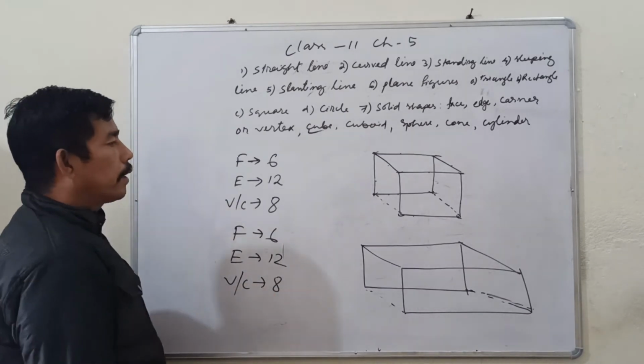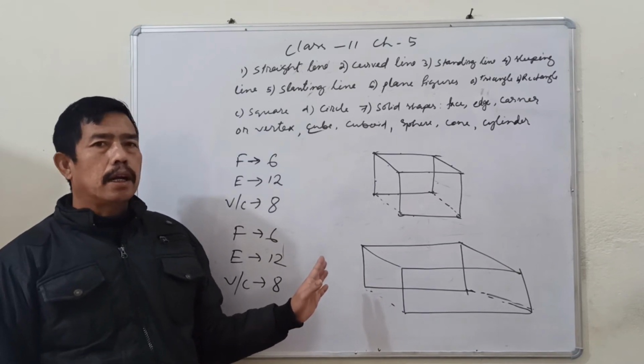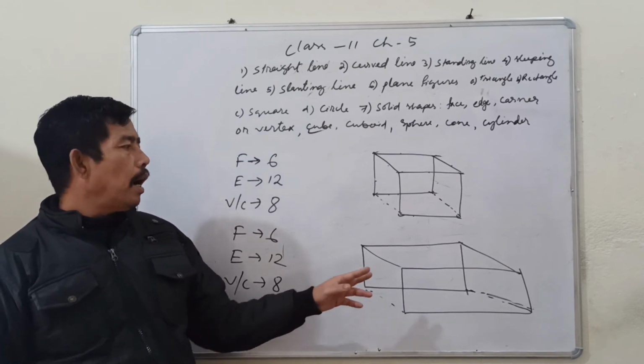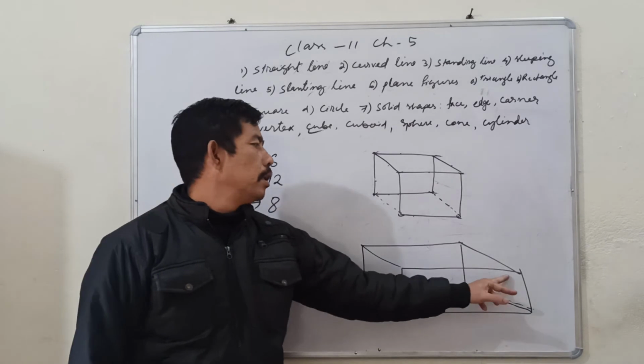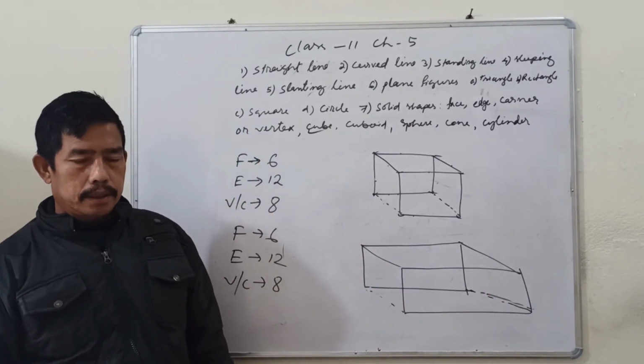And the difference is that in the case of a cuboid, all the faces are not the same in size. Only the opposite faces are the same in shape and size.